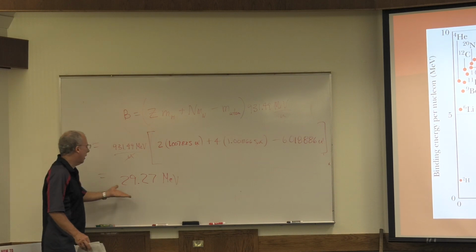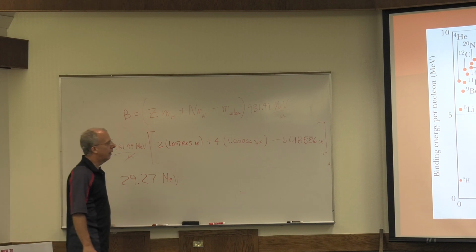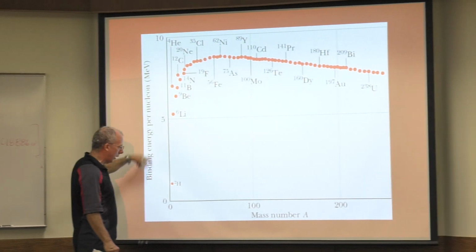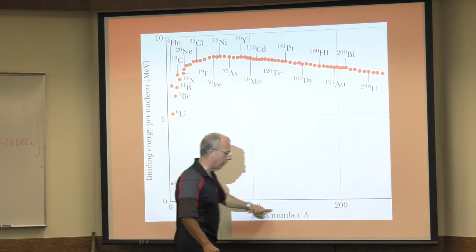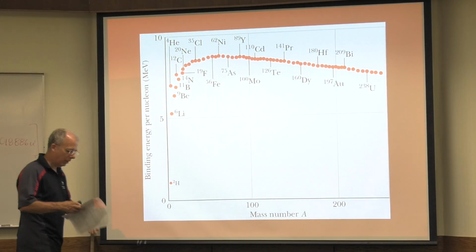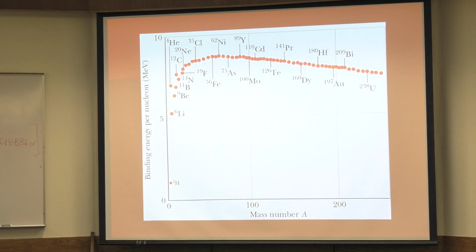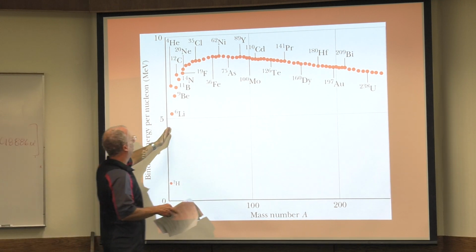So I'll divide that by 6, so it'd be about 5. So this is binding energy divided by the mass number, A, the number of protons plus the number of neutrons. What do you notice?